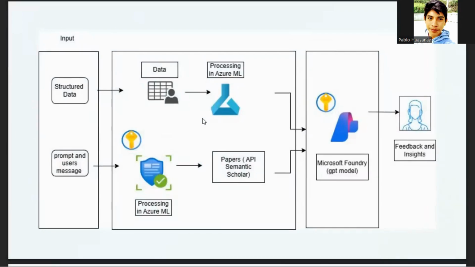Our solution handles structured data and user prompts through a robust backend, as shown in our architecture diagram. The input layer feeds into Azure ML, where we execute a full pipeline.